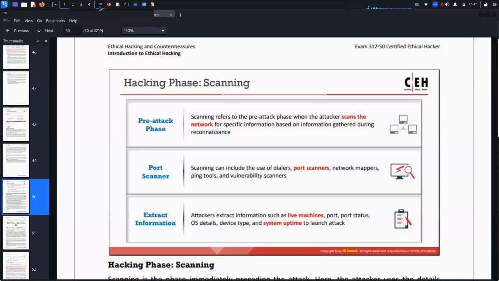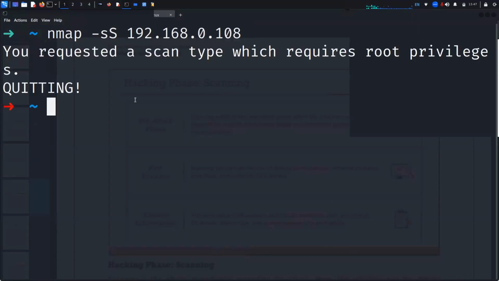Okay, so now we will be scanning these networks, right? A simple scan, so you don't have to worry about the syntax. Scanning is a separate module in itself in which we'll be deep diving into every single command. Let's just say I want to do a port scan, followed by the IP address. I hit enter.